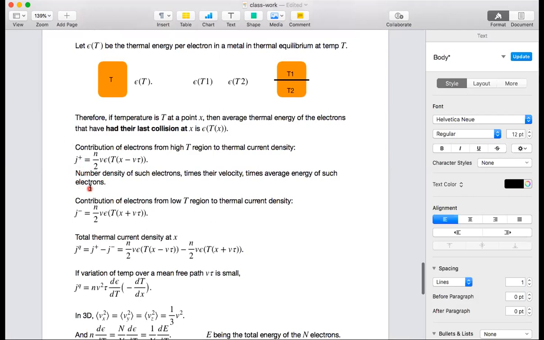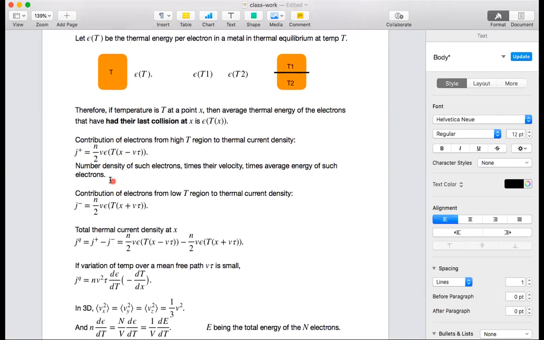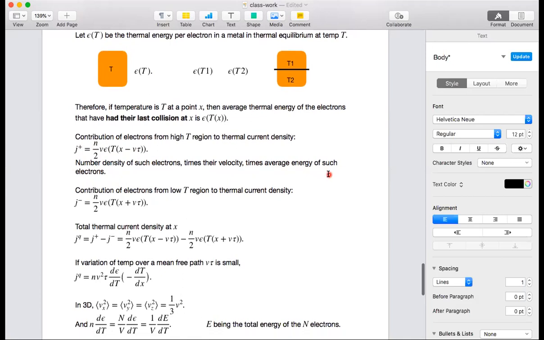J plus is the number density of electrons that come from that side, n/2, times v, and then epsilon(T(x - v tau)). So the current J plus is the number density of such electrons that come from the left, times their velocity, times the average energy such electrons carry.